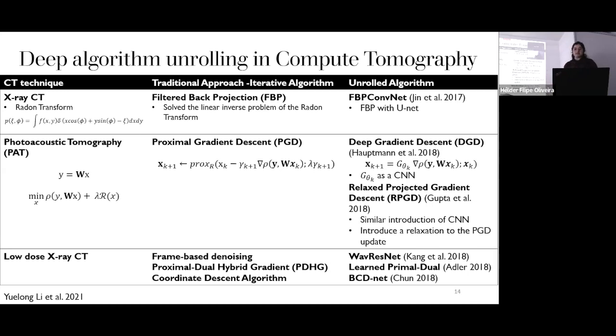And then we have the unrolled iterative algorithm, which uses this traditional approach but is converted into a deep neural network. And in some cases they replace, as we said, the proximal operator with a convolutional neural network.